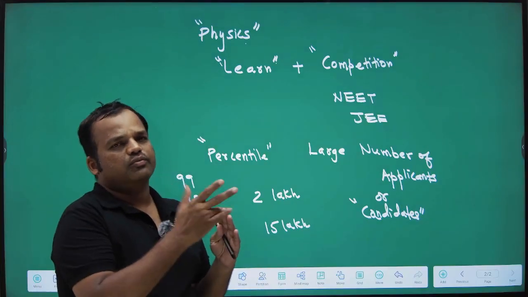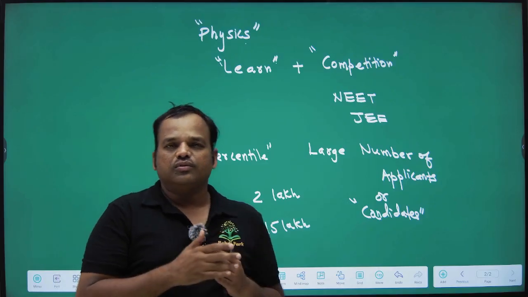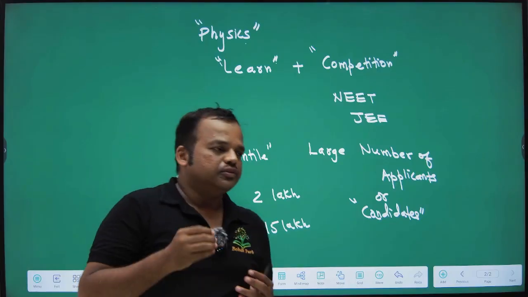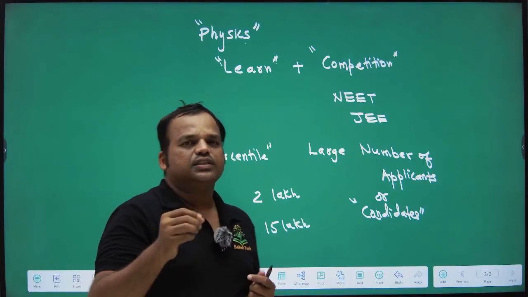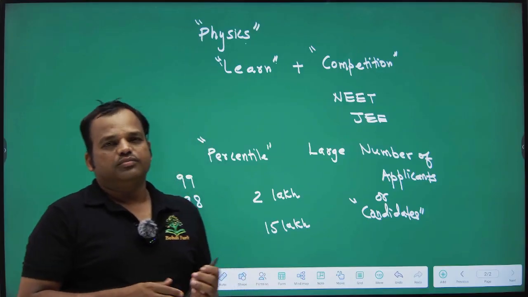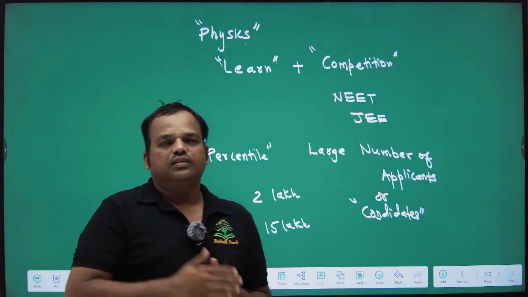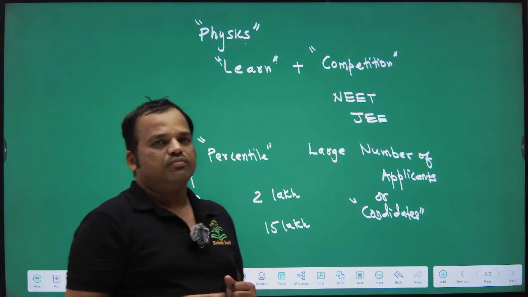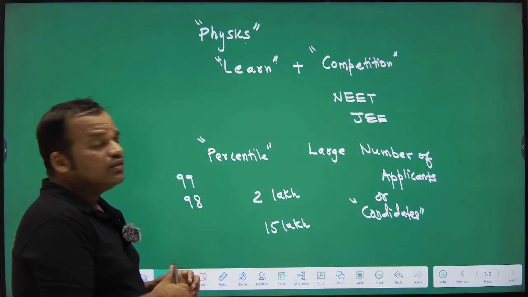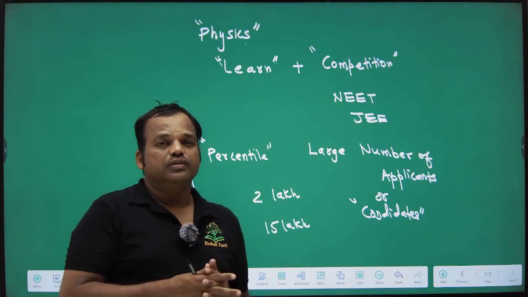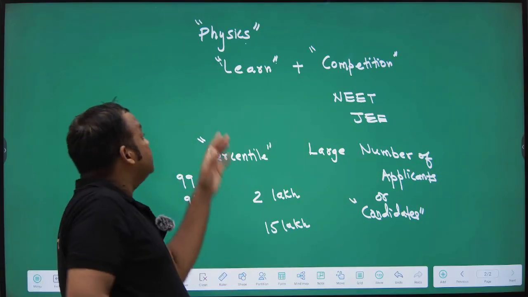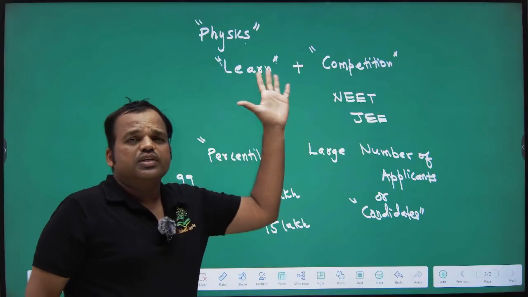Question number 1 is 2 marks, question number 2 also 2 marks, 3 and 4 are 3 marks, like that. There may be some derivations, some numerical problems, so you have to solve that, answer those questions, and finally you will get some marks. The marks will tell you how much you learned, how much you know, how much you can apply your learning. So that is purely based on learning.